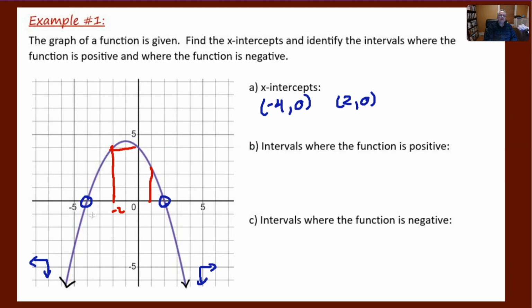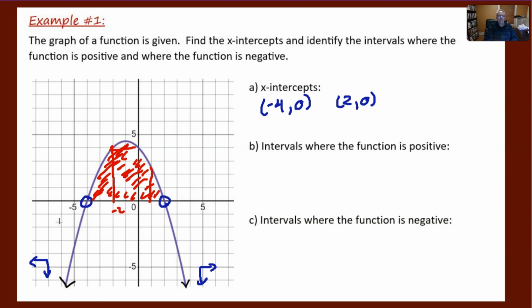So it turns out the values of x where the function is above the x-axis is where it's positive. So this part of the function right here in between the intercepts, that's where the function is positive.